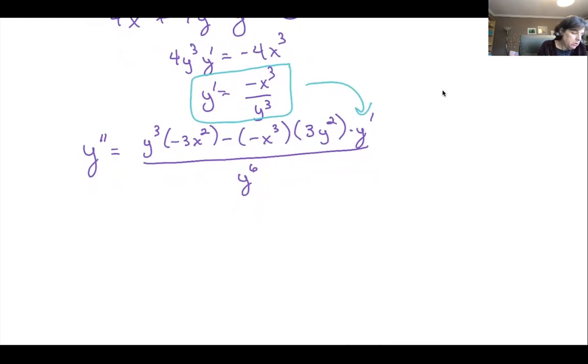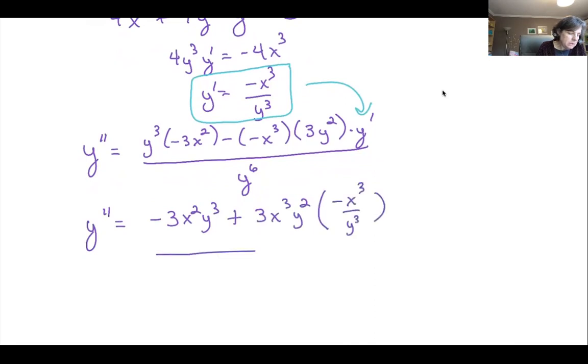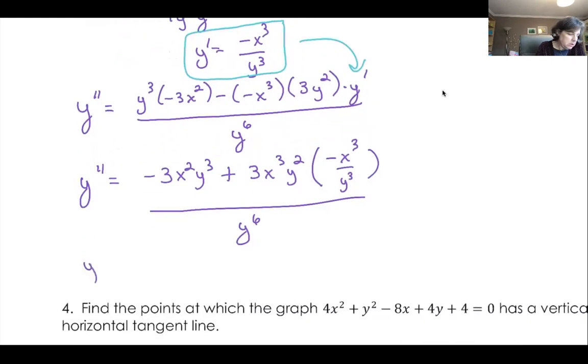All right, so y double prime equals minus 3x squared y cubed, doing a little simplification, plus 3x cubed y squared times that y prime, all over y to the 6th. And I should do some simplification here. Thinking about this term divided by y to the 6th, the y to the 3rd over y to the 6th would reduce down to y to the 3rd in the denominator.